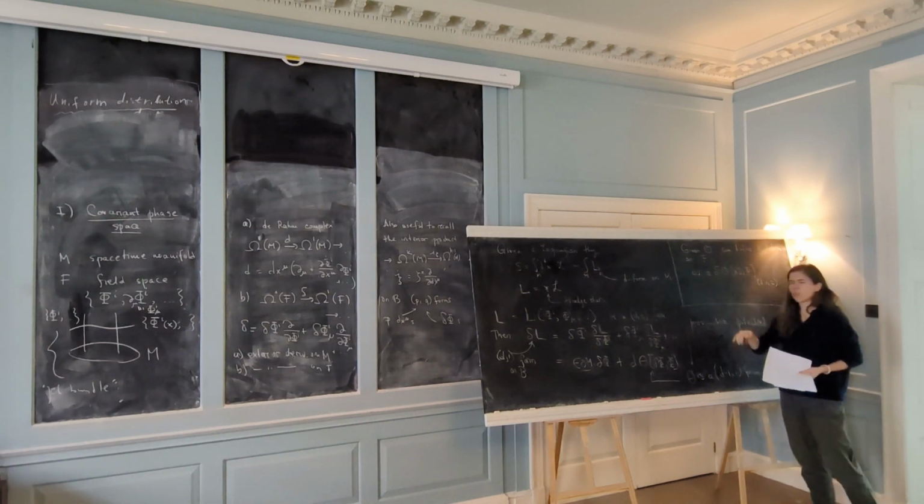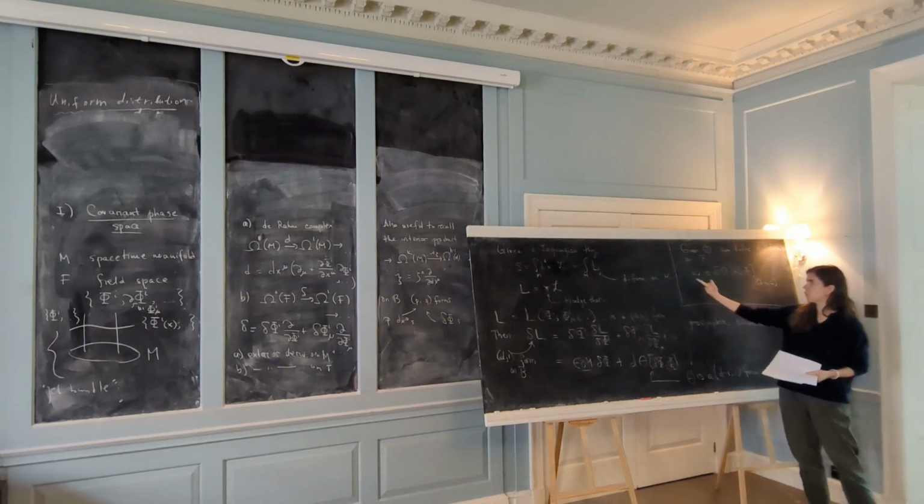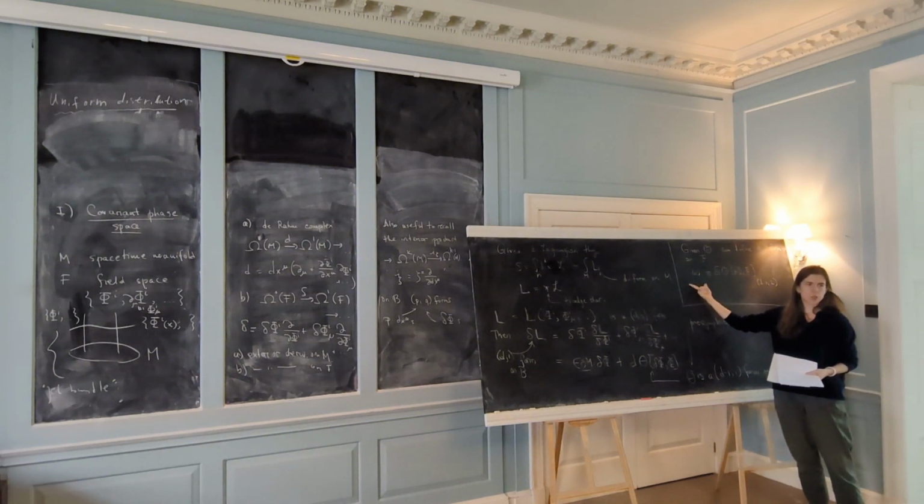Essentially, as you know, phase space from classical mechanics is an even dimensional symplectic manifold, and really what this omega is, is the associated symplectic form on that manifold.